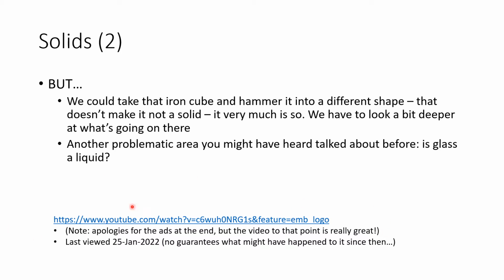There is a link here, and it'll be in the PowerPoint that I upload to the course also. This is not mine at all, but it's a really cool discussion of whether or not glass is a liquid. Their claim here in this video is that it is indeed not a liquid. It is a solid. It's what's called an amorphous solid. So we're going to get to that in a moment.